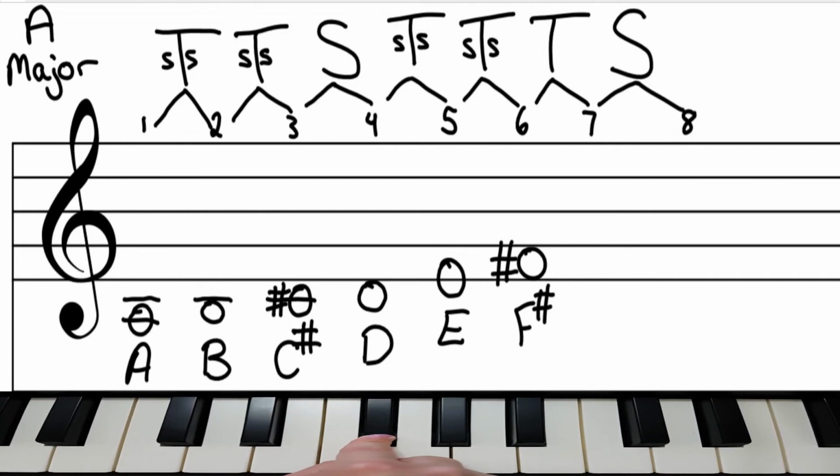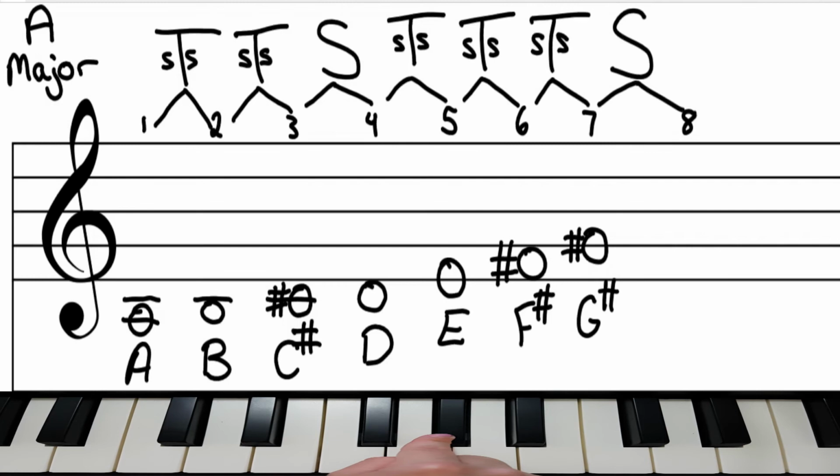Moving to the last tone of our major scale pattern, we move from an F sharp, one semitone, two semitones, to a G sharp. And lastly, moving one semitone to our A.